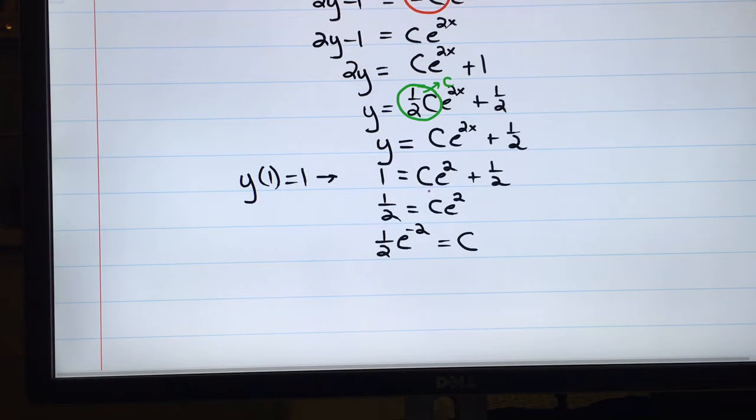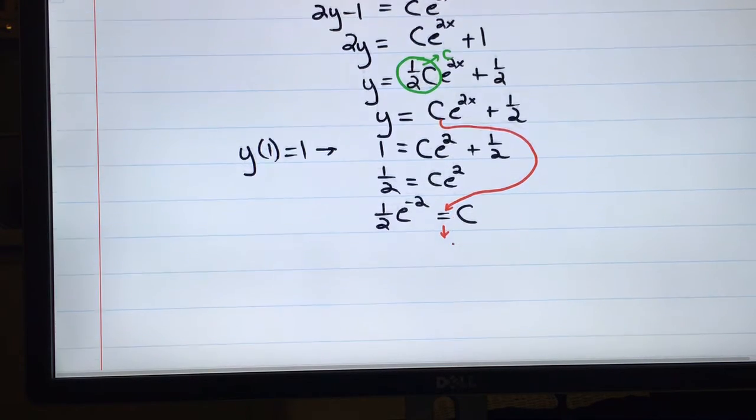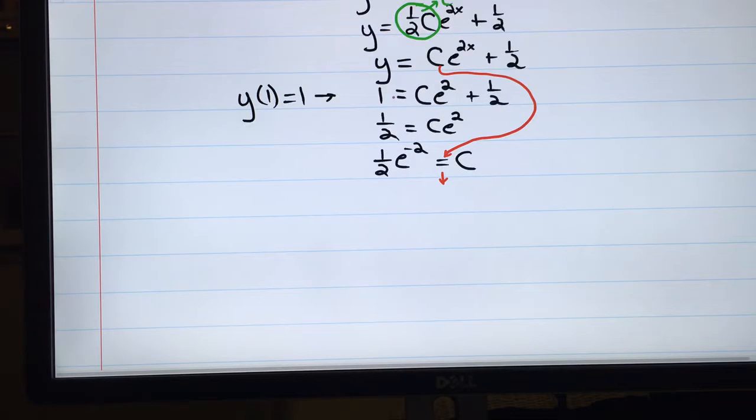And so in this particular case, for c we have 1/2 e to the negative 2. And in the rewrite, c e to the 2x, we have 1/2 of e to the negative 2 times e to the 2x plus 1/2.